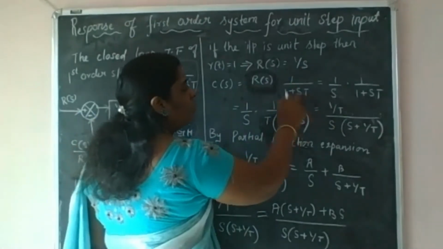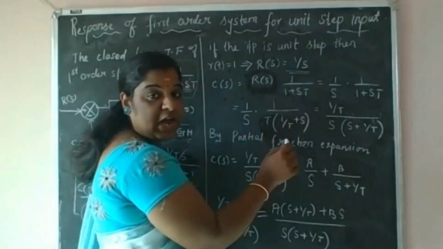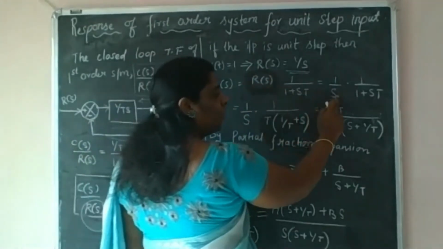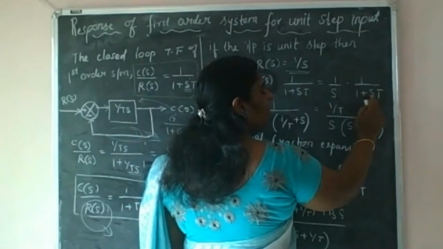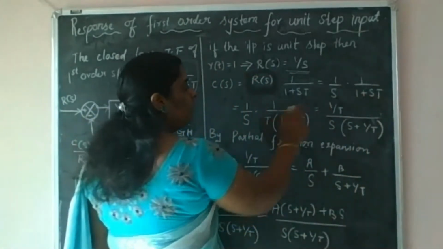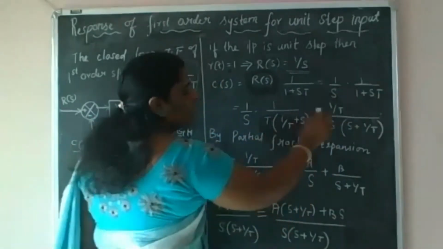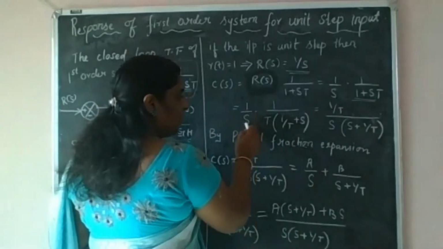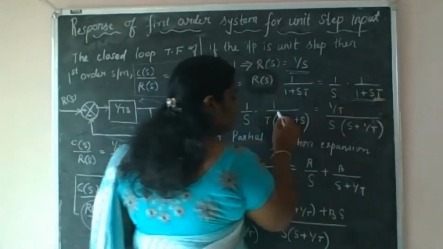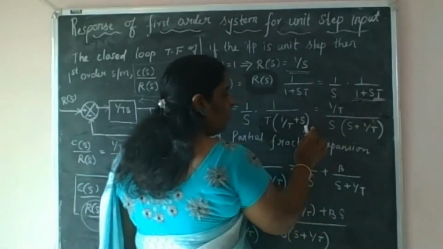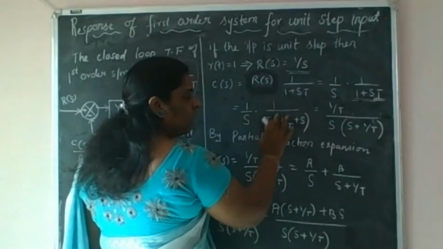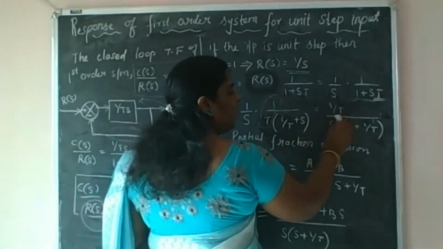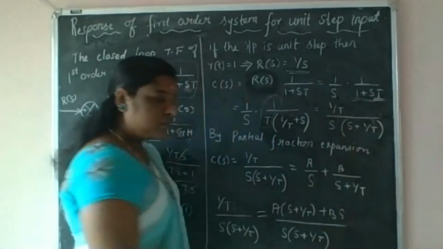For a unit step input, the value of R(S) is equal to 1 by S. Substituting R(S) equal to 1 by S into 1 divided by 1 plus Ts, and now taking T outside just for rearranging this term, we will get 1 by S into 1 by T plus S. Taking this 1 by T in the denominator, we will get 1 divided by T into S plus 1 by T.